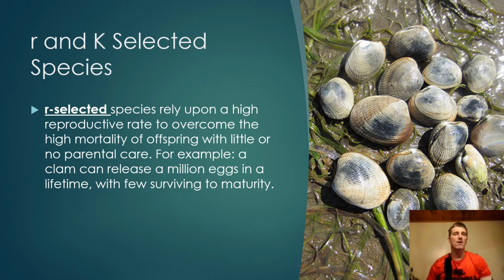This is an example of an R-selected species. Other things would be like the salmon. The salmon lay hundreds or thousands of eggs. Once they laid an egg, there's no more investment in it. Most insects are R-selected species. These produce lots of young, but the probability of any young actually surviving is really small.